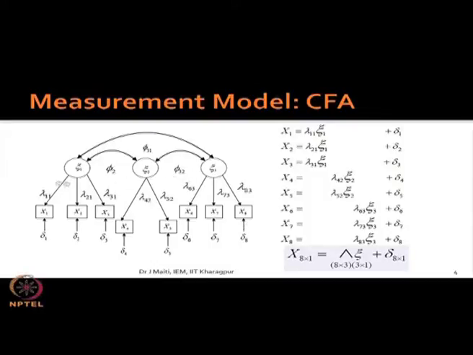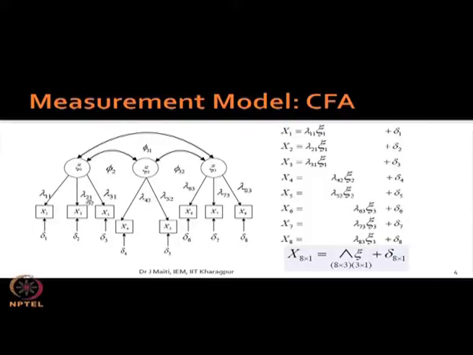Another issue here is that these hidden or latent variables co-vary: if xi1 changes, there may be a change of xi2 and of xi3, since the correlation component is there. This is a typical structure of a confirmatory factor model.